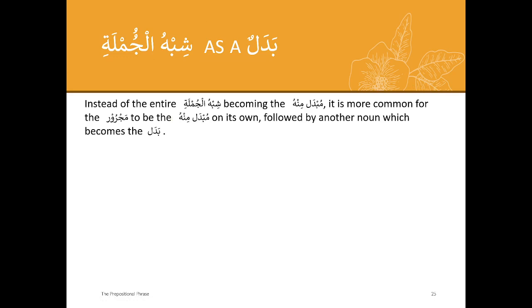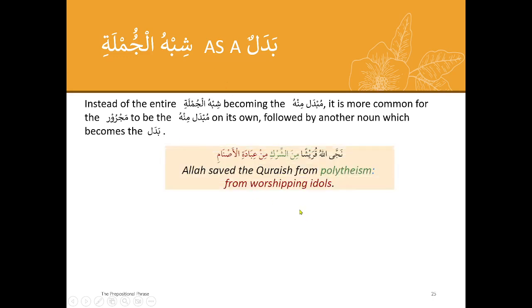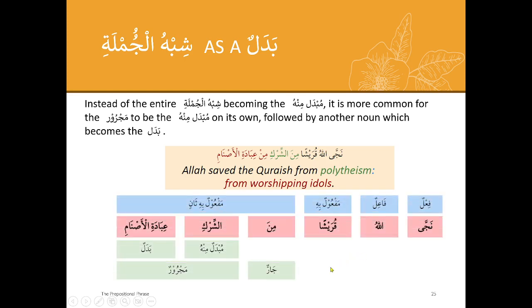Now, he's also given us an example. Instead of the entire Shibh Jumlah becoming the Mubdalun minhu, the thing being replaced, it is more common for the Majrur to be the Mubdalun minhu on its own, followed by another noun which becomes the Badal. Like I said, we definitely have to see that in a diagram.